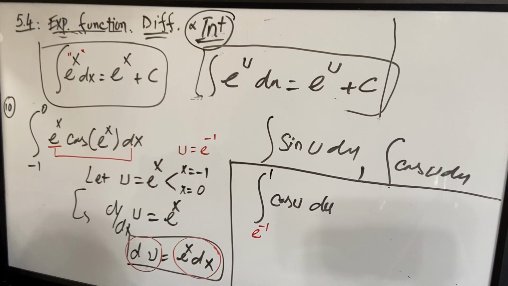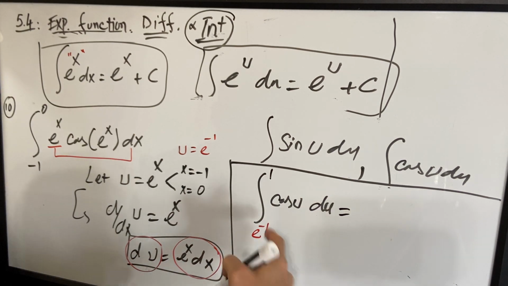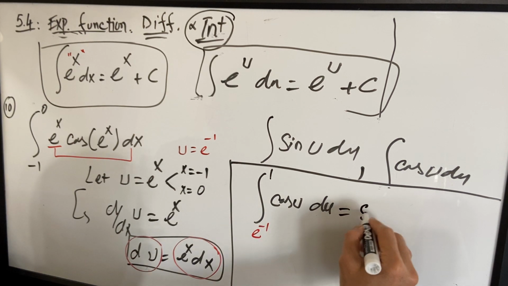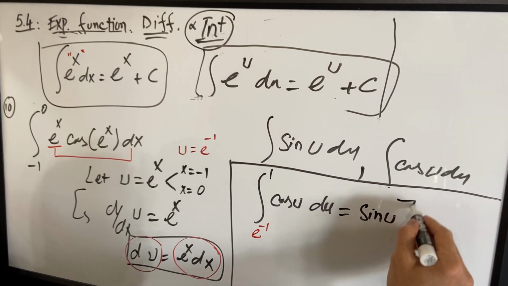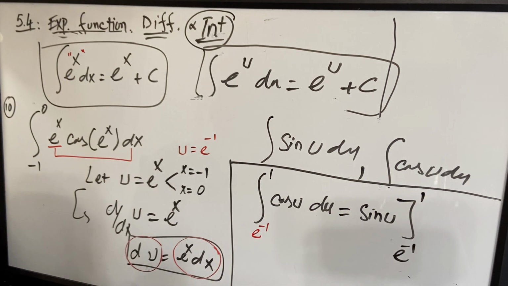Ta-da! The task is almost done. Your job right now is just to integrate this for me. What is the integration of cosine u? Correct. Sine u. And then the upper bound and lower bound, 1 and e to the -1. So finish your job, please.